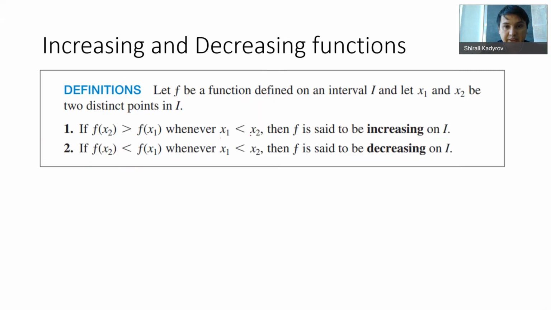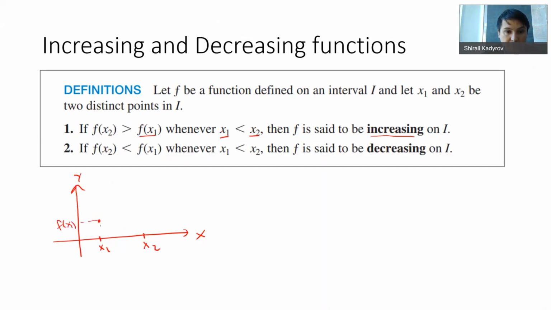So we say that whenever x1 is less than x2, if f of x2 is bigger than f of x1, then it's increasing. So let's visualize. My x1 is right here, somewhere here. My x2 is bigger, it's larger. And this might be my f of x1 here.